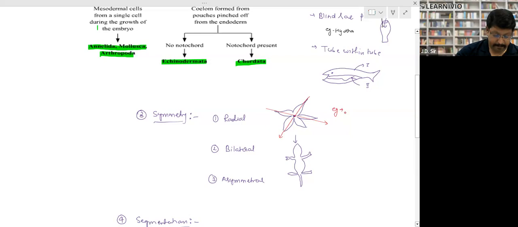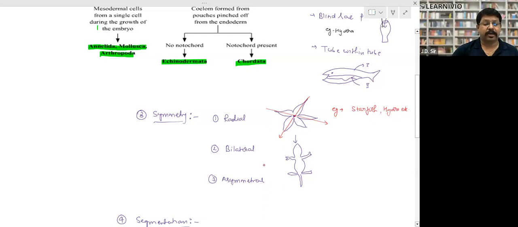Example, starfish, the best example. So starfish type organisms have radial symmetry. The same thing with the hydra, and so on. Clear? Now bilateral symmetry.